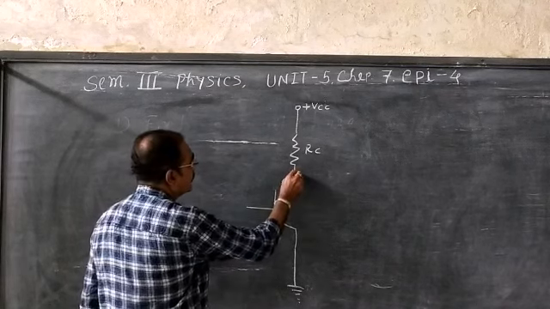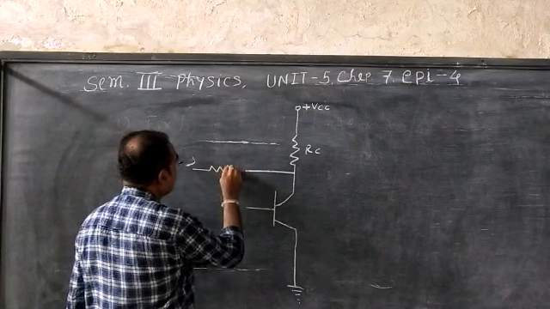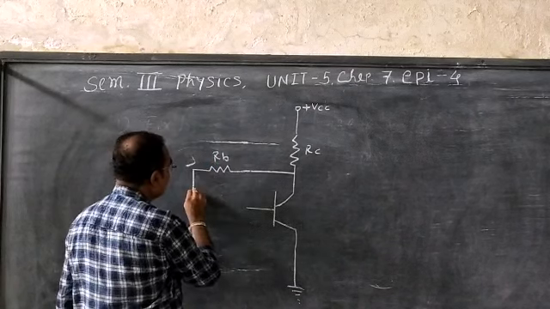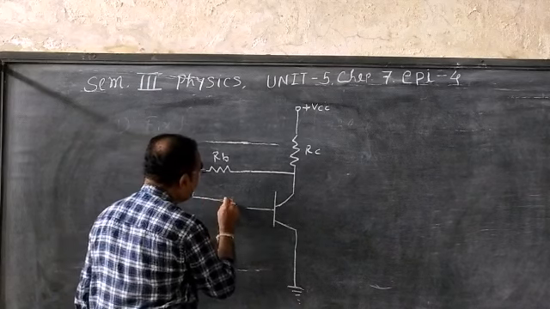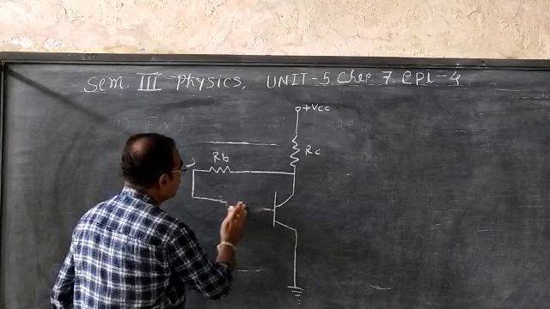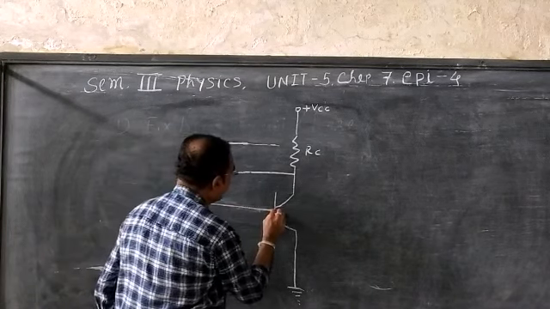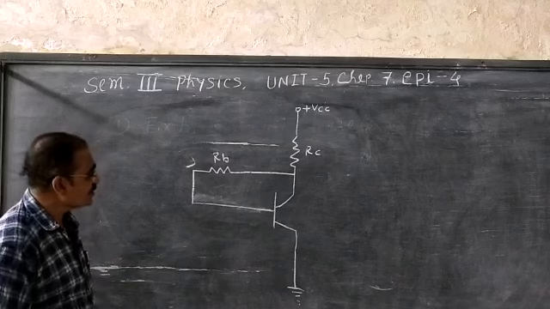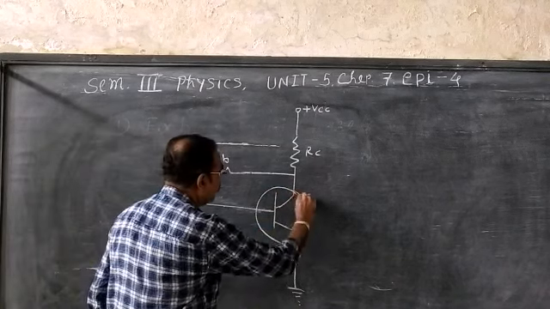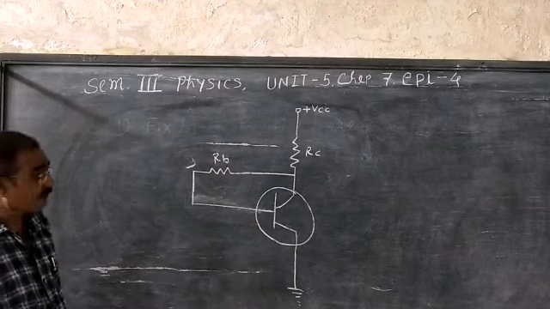Obviously the terminal from the collector is taken to the RB bias resistor, and the second terminal of the bias resistor is given directly to the base of the circuit. Let me correct the circuit. Okay, this is fine. So this is the circuit connection of the base feedback resistor method.